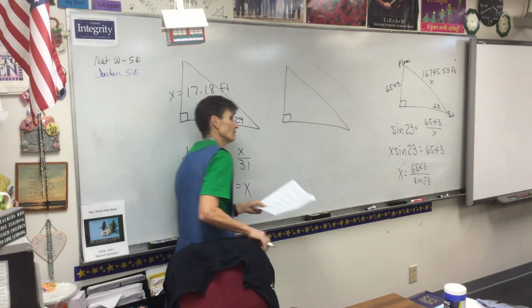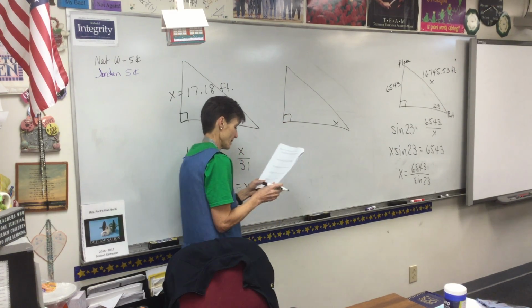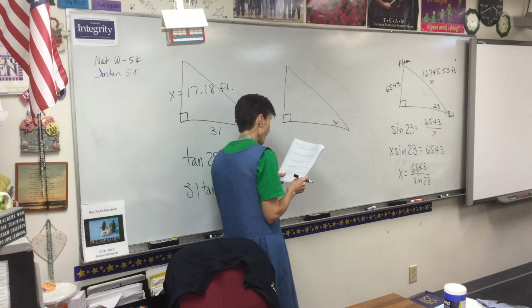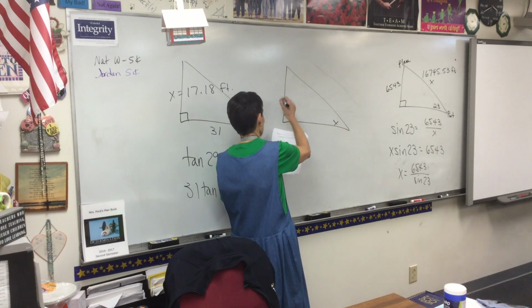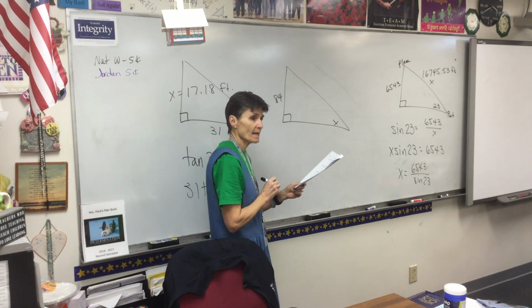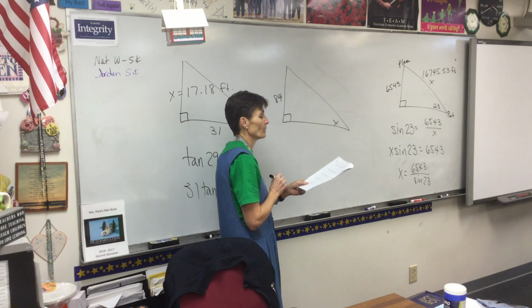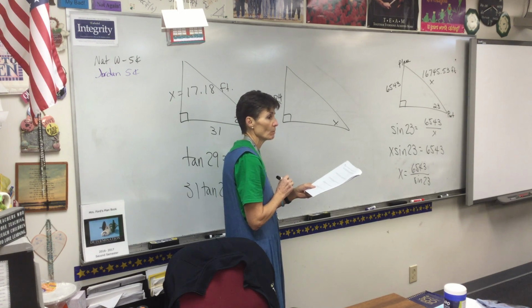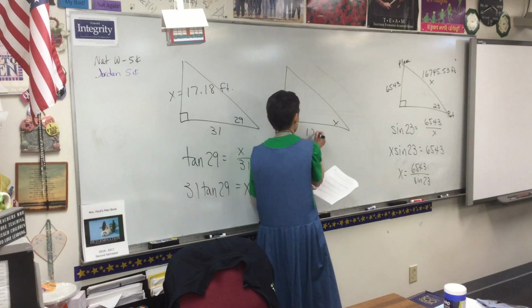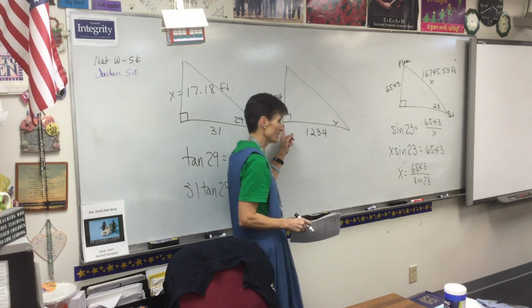What is the angle of elevation of a man looking at the top of a building that is 84 feet tall if he is standing 1,234 feet from it? Where do I put the 1,234? Adjacent? Right here, that's right. Here's the man, here's the building.